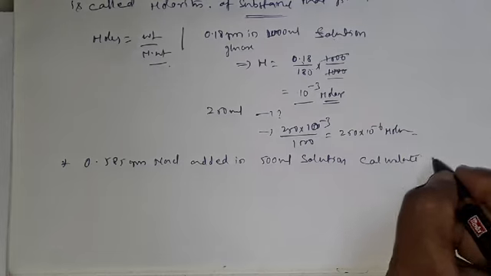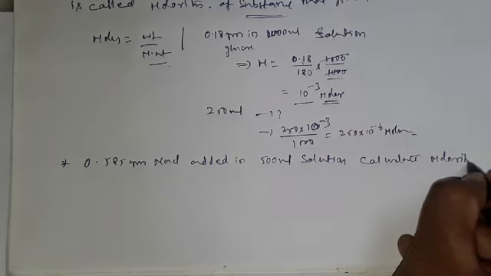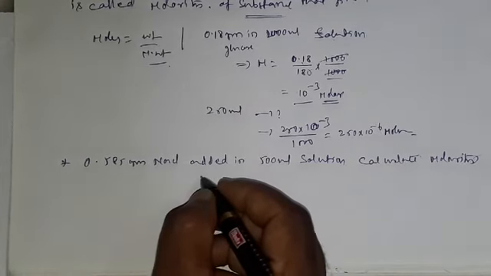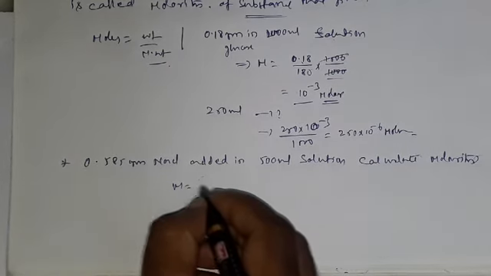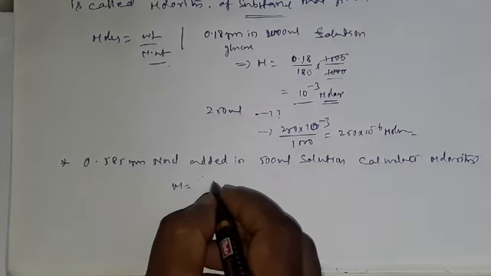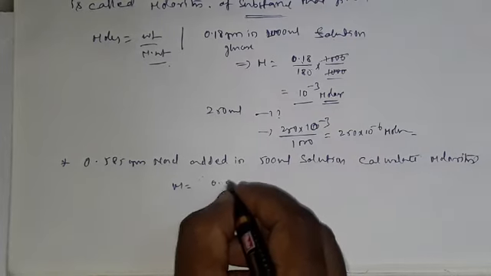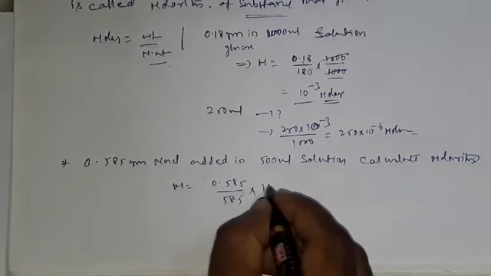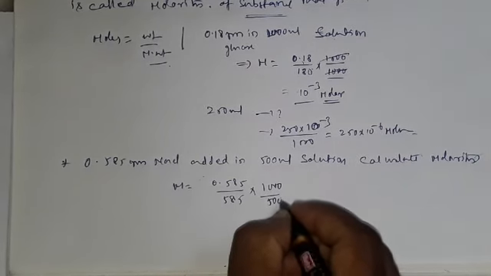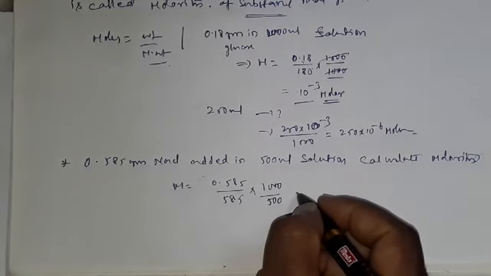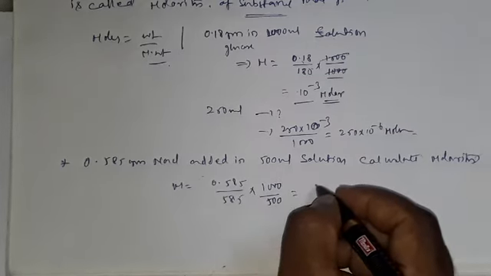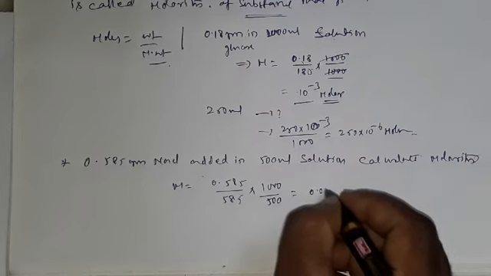Calculate the molarity. Now, your molarity formula is weight by molecular weight. So 0.585 by 58.5 into 1000 by 500 is equal to what comes here? 0.02.